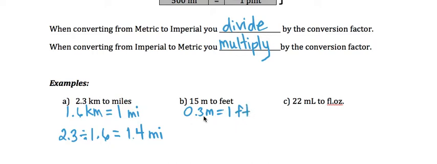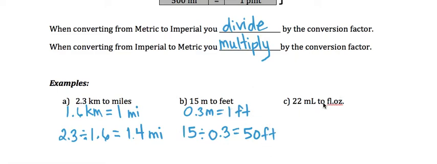Now again, I'm going from metric to imperial, so I'm going to take my measurement of 15 meters and divide by 0.3. That gives me 50 feet. So 15 meters is about the same as 50 feet.